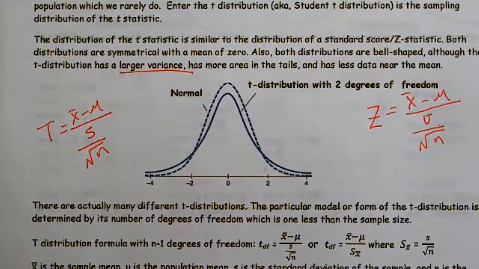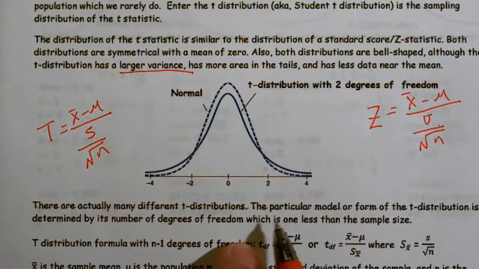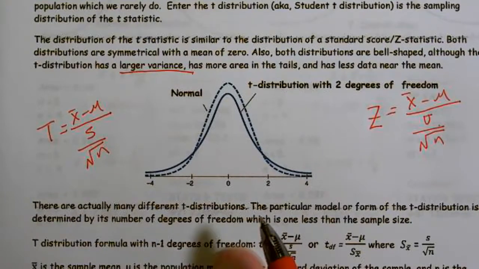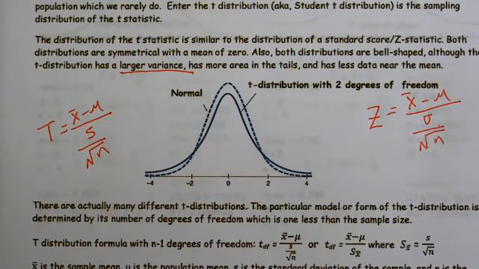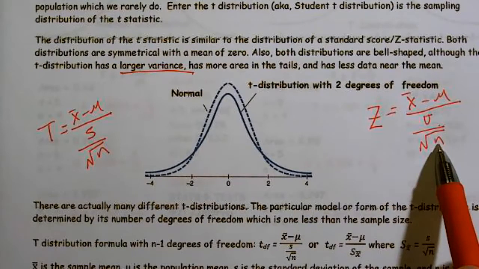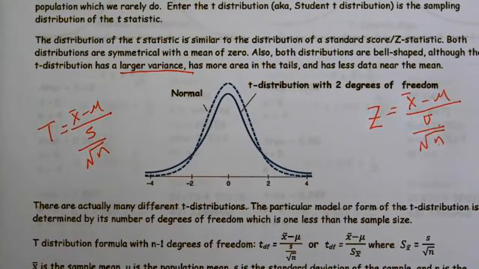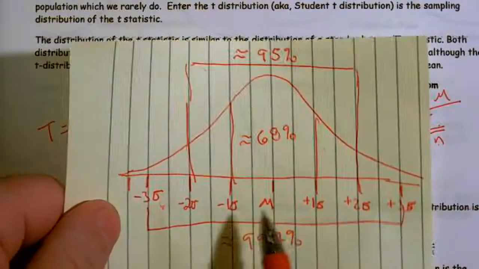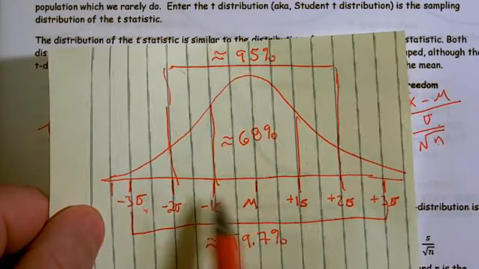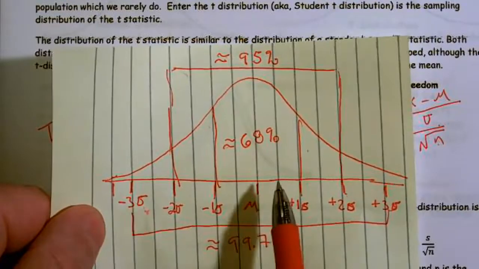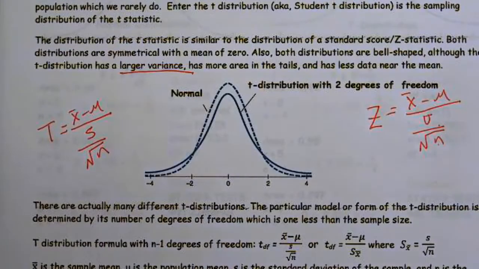In regards to the t-distribution, there are numerous curves. As a matter of fact, there is a curve for every sample size. Every time we have a new sample size, we have a new curve. Whereas for the normal curve, regardless of the sample size, they all followed the empirical rule, with the t-distribution we have a different distribution for every single sample size.